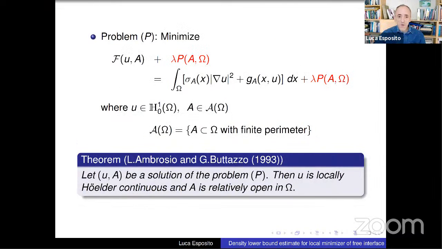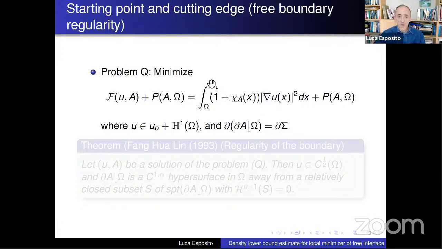And indeed, he proved in 1993 that the minimizer of this functional, that is almost the same as above, with these two different regimes, as I told you, here there is no source term, but now on the boundary of omega, to avoid triviality, you don't have zero, but have some prescription for u. u is equal to u0 on the boundary of omega, and also you can have some restriction on the set A on the boundary of omega.